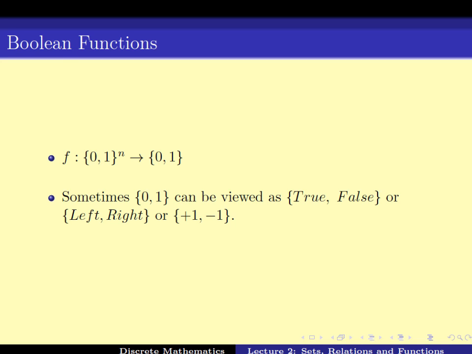You can think of 0 representing true, 1 representing false, or 0 representing left, 1 representing right, and so on and so forth. Depending on our need and the context of the problem, we will interpret the 0 and 1 differently. So this brings us to the end of the definition of functions.